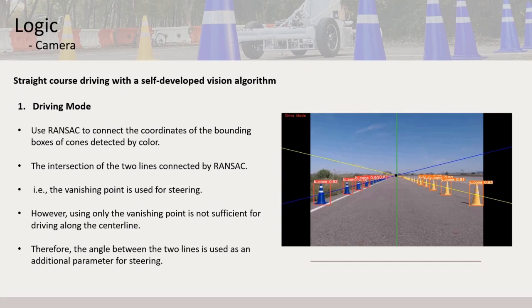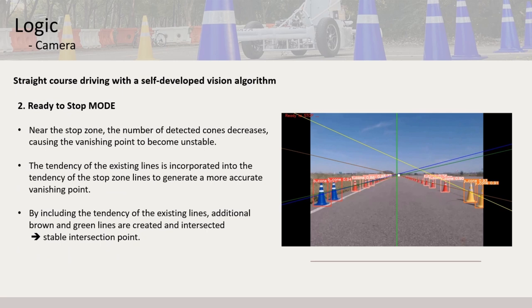However, relying solely on the vanishing point isn't enough for driving along the center line. So I also use the angle between the two lines as an additional parameter for more accurate steering. When the vehicle approaches a stop zone, the number of detected cones decreases.